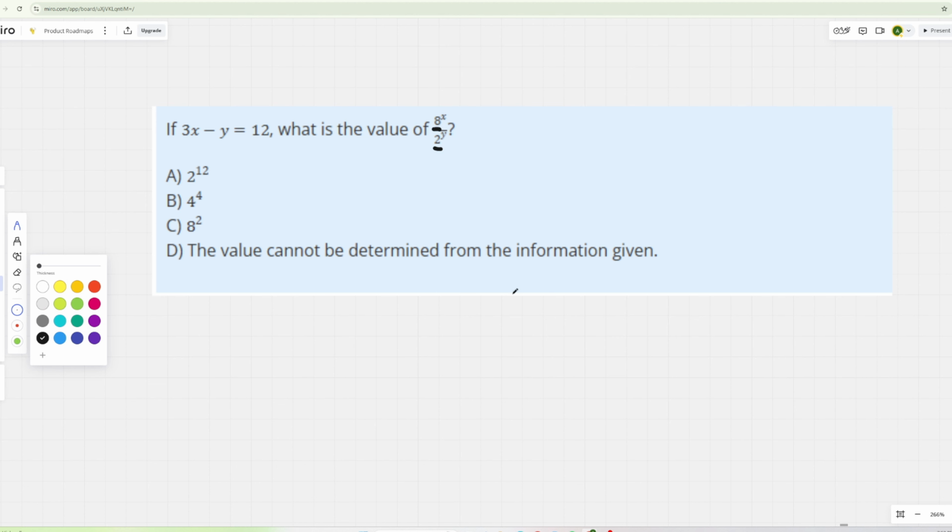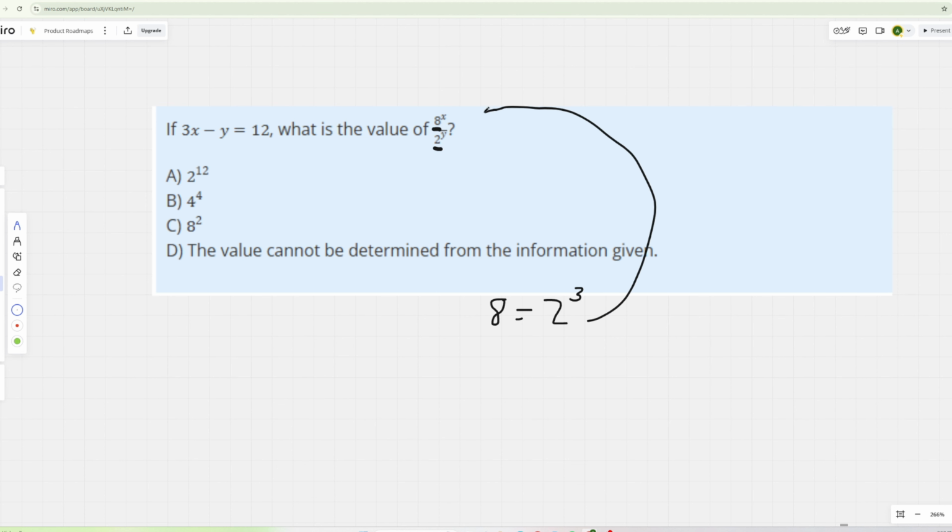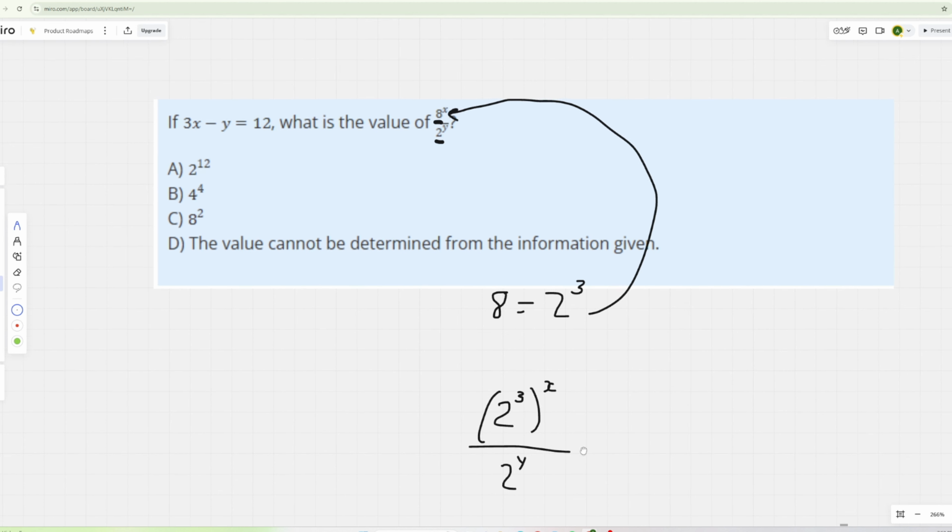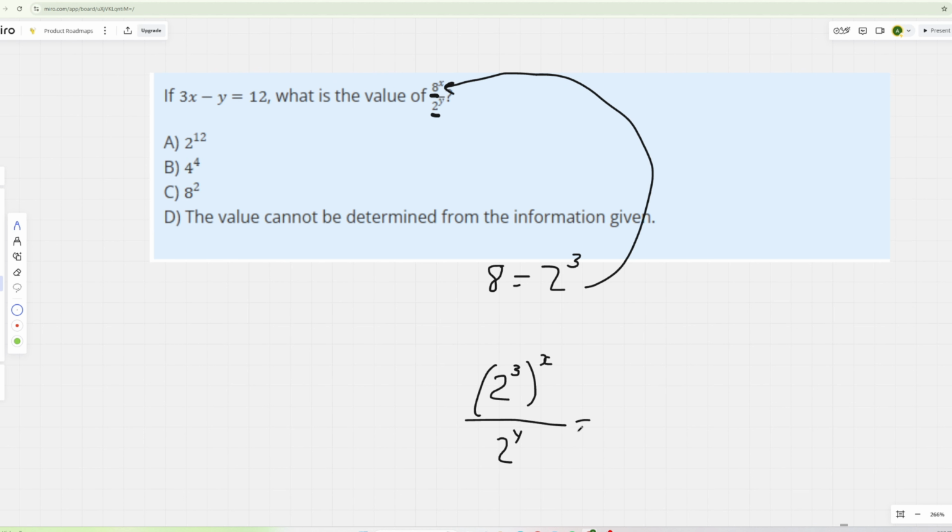So 8 to the x, you guys agree with me that 8 is just 2 cubed. We agree with that. So I'm just going to put that in right there. So 2 cubed to the x over 2 to the y. And I have a video on exponent rules if you need a refresher. But basically, you just multiply these two, right?